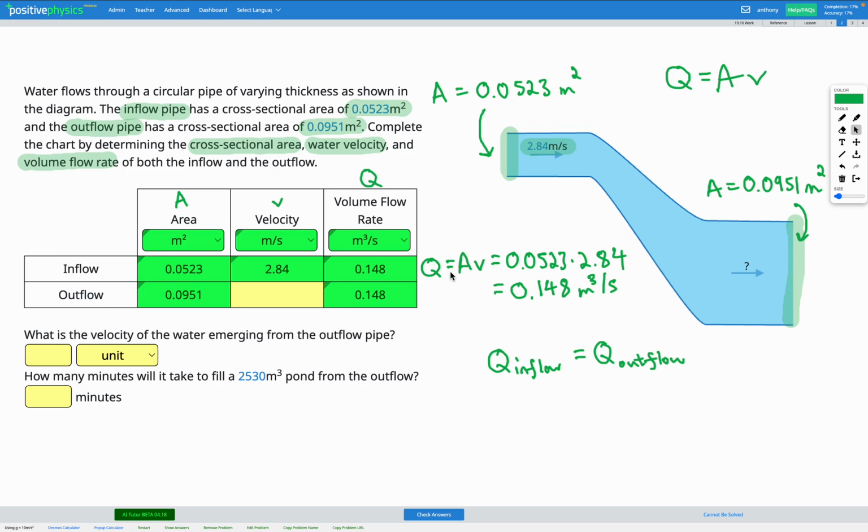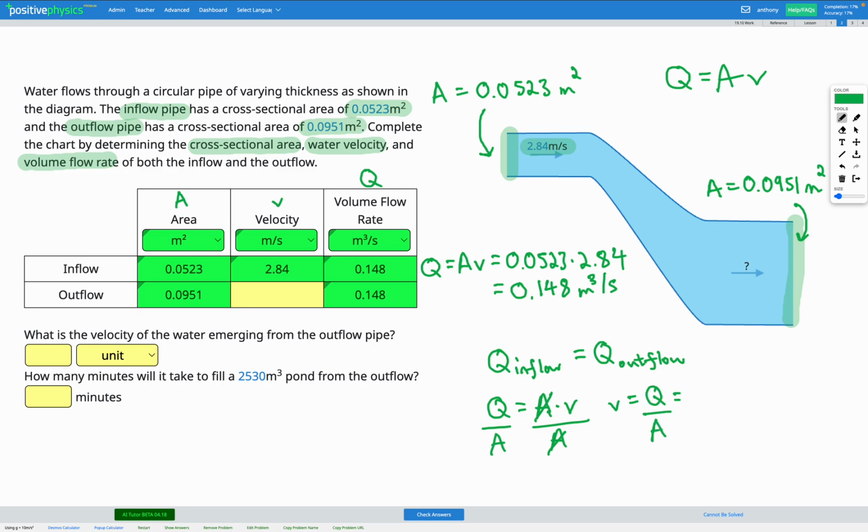So we can now use our continuity equation again to find our outflow velocity. So we have Q equals A times V. We're trying to find velocity, so I'm going to divide by A on both sides so that will cancel on the right. I'm left with velocity is equal to volume flow rate divided by cross-sectional area.